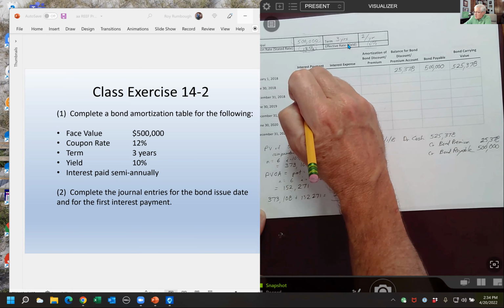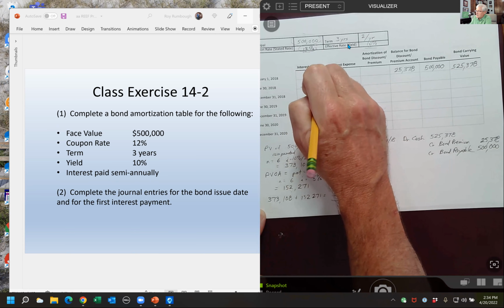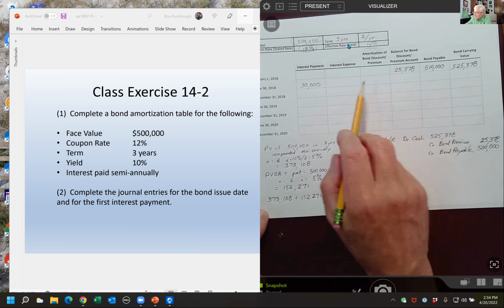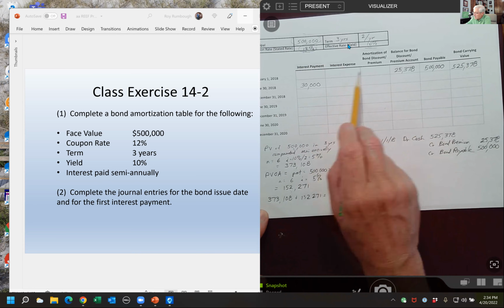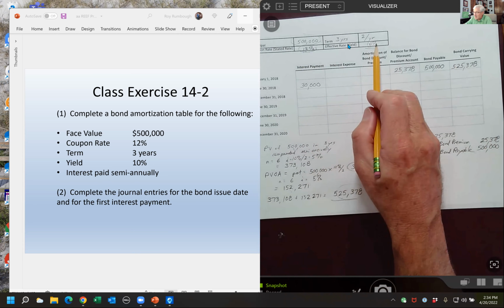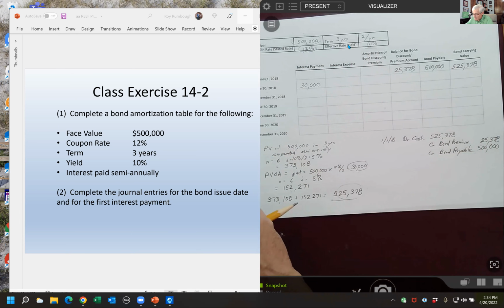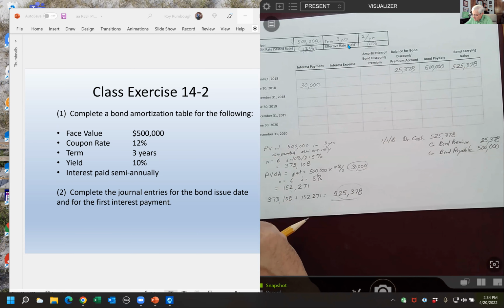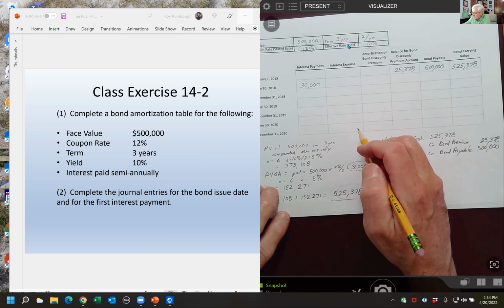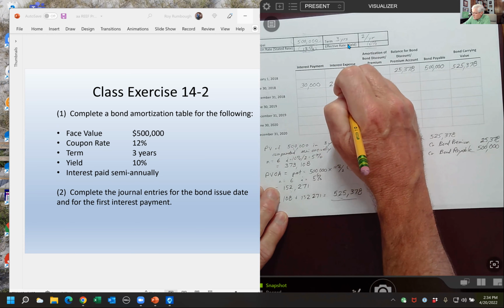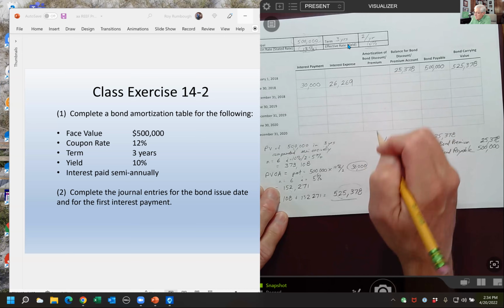The interest payment is going to be $30,000. The interest expense is going to be the market rate times the carrying value. Now that market rate is 10%, again, divide by 2. So you're going to have to do 5%. So 525,378 is 26,269.